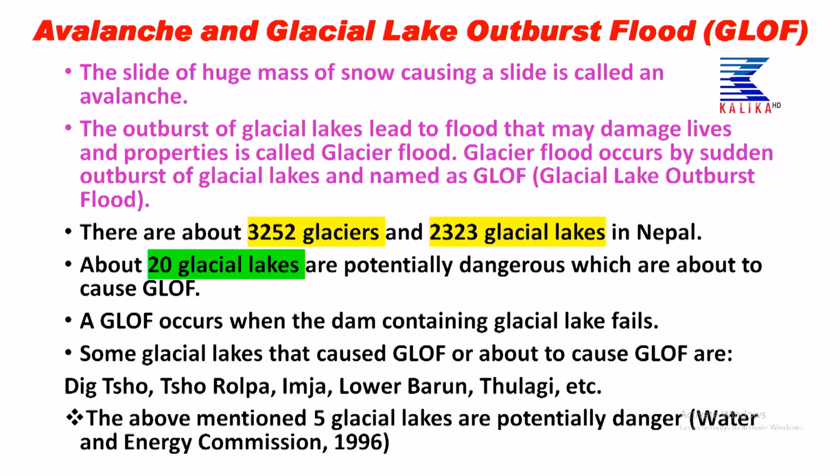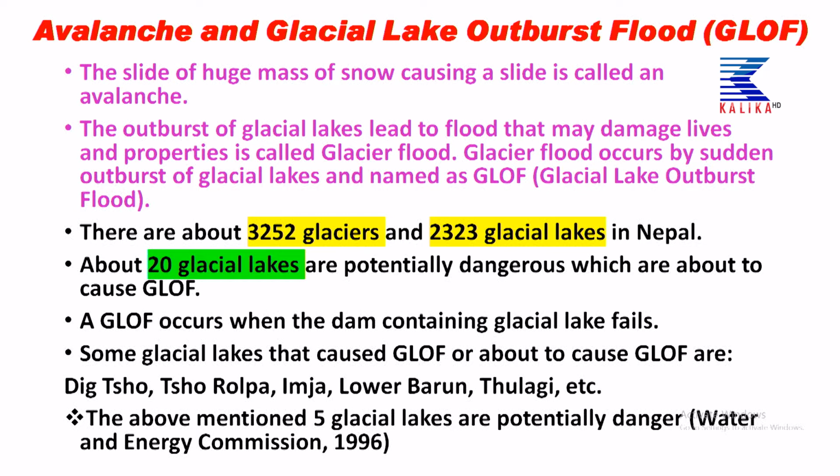A glacier flood occurs by sudden outburst of glacial lakes and is named GLOF, G-L-O-F. It's the acronym of glacial lake outburst flood. The flood because of sudden outbreaking of a glacial lake.